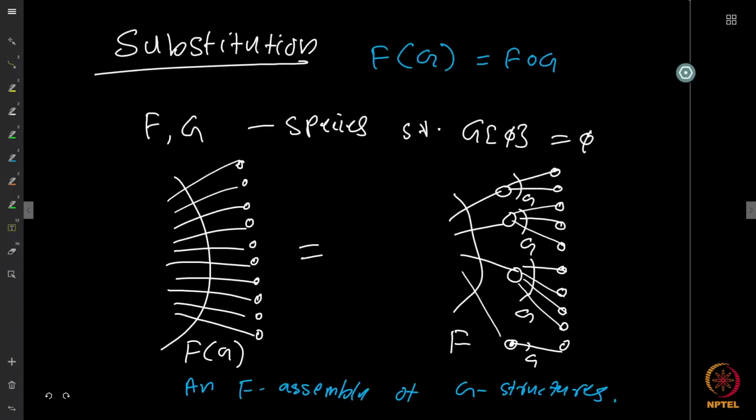Now we introduce a new operation called substitution. So suppose F and G are two species, such that the species G has no structures on the empty set. That means that you cannot create structures of type G from the empty set. Okay? If this is true, then we can define F of G, or F composition G, as follows.